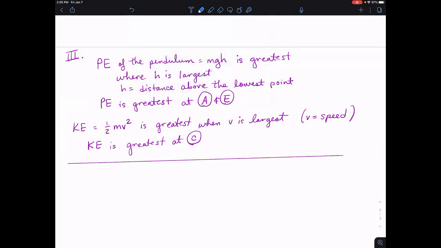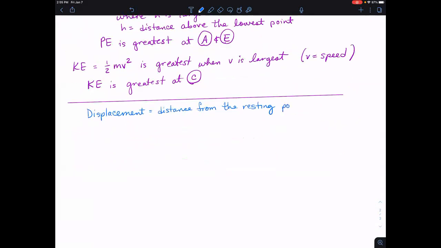Okay. Now, if we think of the displacement, so displacement is equal to the distance from equilibrium, from the resting position, and then it will be a plus if it's above or to the right of the resting position, and it will be a negative if it's below or to the left of the resting equilibrium position.